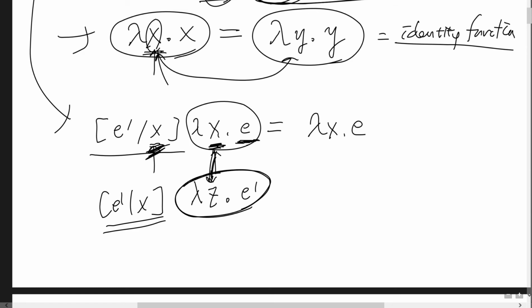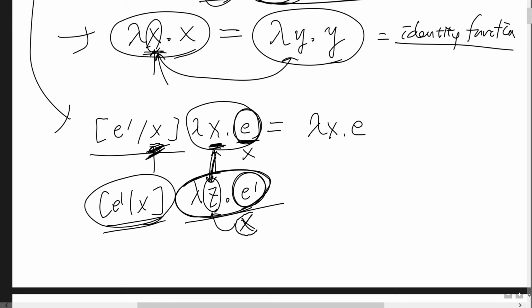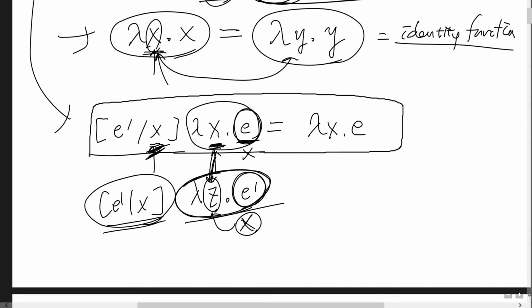Inside the expression E, here, you may find some variable x. But inside the expression E prime here, x has disappeared because we renamed this x into a different variable z. Then this substitution is going to have no effect because you can find x nowhere. As a result, we have this equation. If this lambda abstraction has the same bounded variable as the variable in this position, then the substitution has no effect.